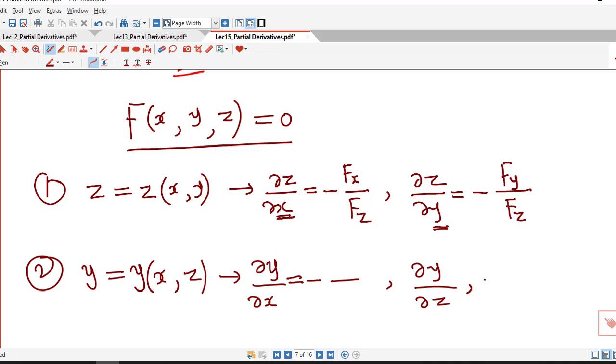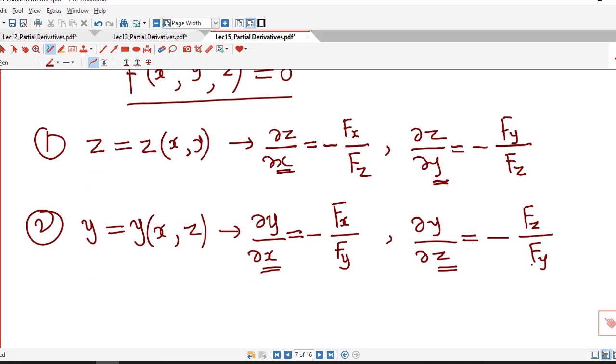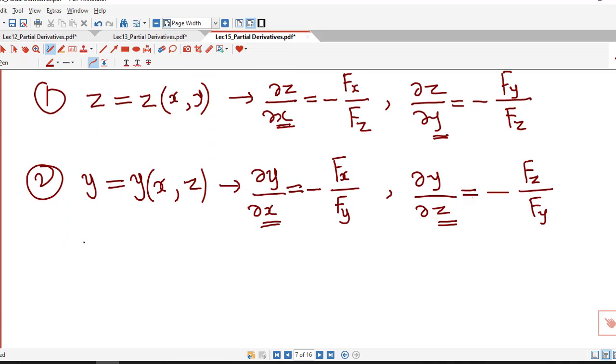We are interested in the derivatives of y, so we divide by del f by del y, and here we have x, so here we write partial derivative of f with respect to x, and here we have z, so here we write partial derivative of f with respect to z.